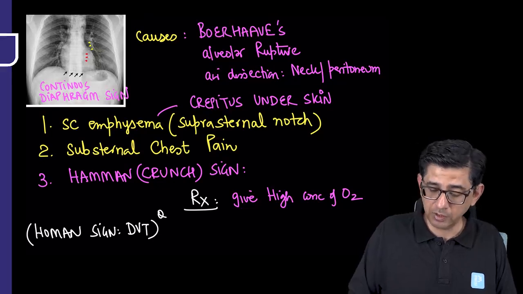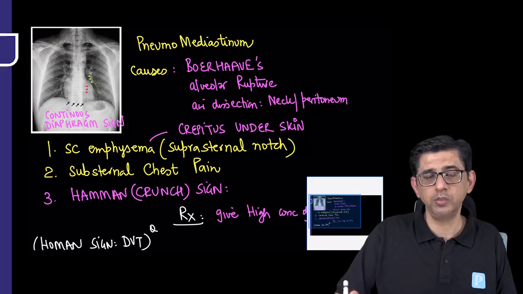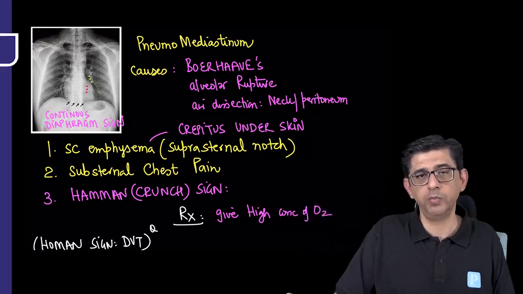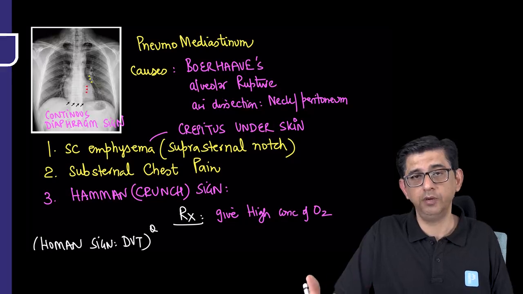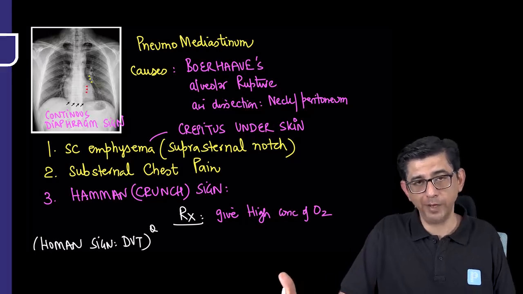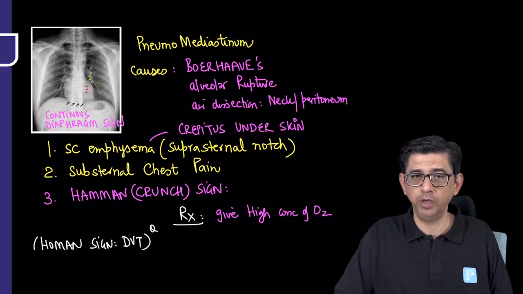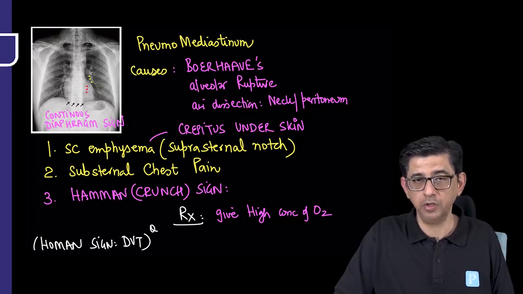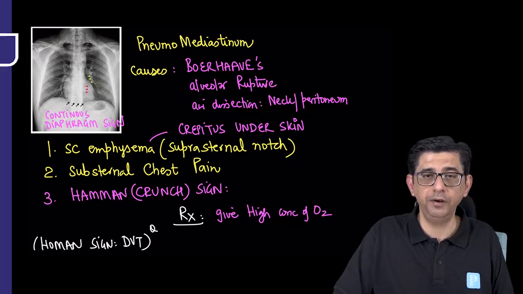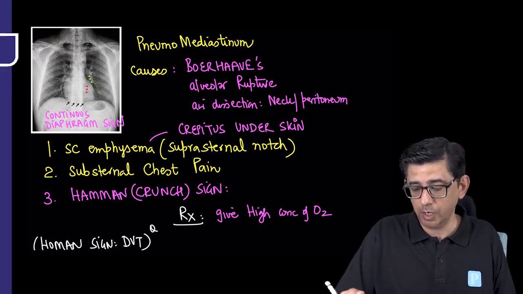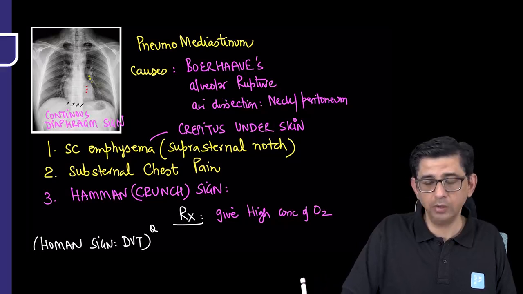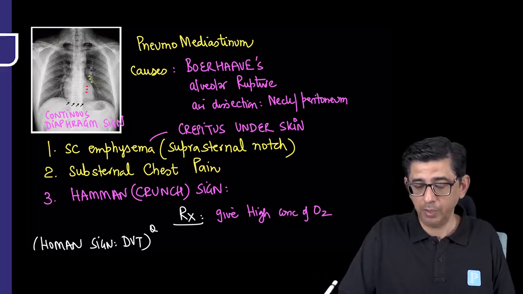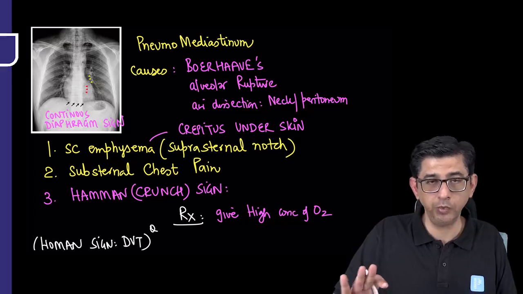In fact, if this pneumomediastinum tends to occur after some coronary artery bypass grafting, if it is occurring after a median sternotomy operation, then I might have to put in a chest tube as well. But in the majority of cases, there is no need for putting any drain, there is no need for any chest tube, and pneumomediastinum will respond to high concentration of oxygen as well. I mean, if it is post-surgery pneumomediastinum, things are different.